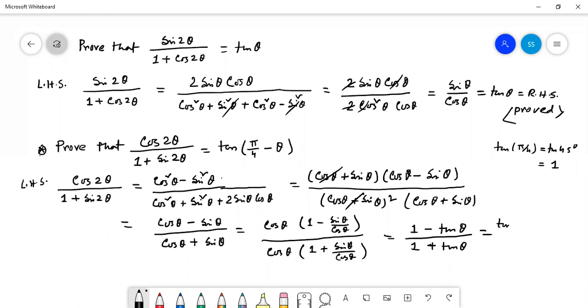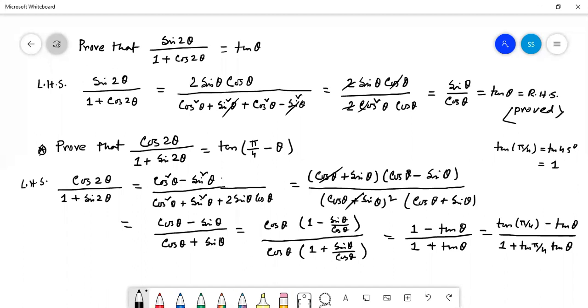So we can write tan pi by 4 minus tan theta by 1 plus tan theta, and that 1 can be written as tan pi by 4 into tan theta. Can you write this?